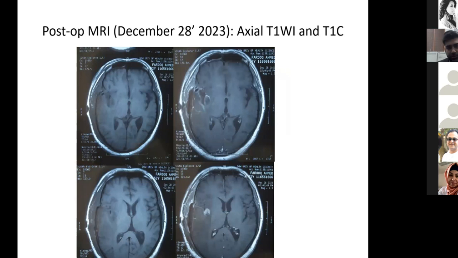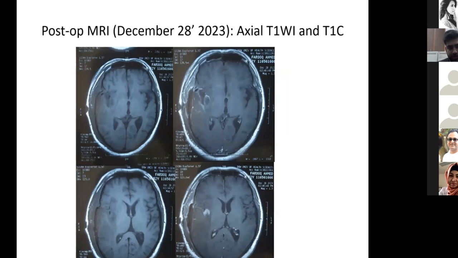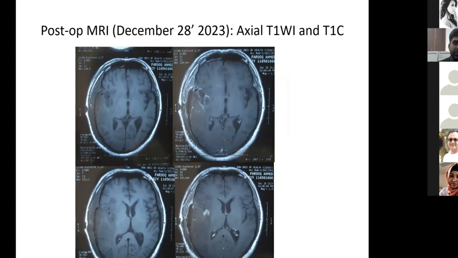I can't appreciate a lot of tumor, only a tiny component along the medial aspect is visible. Since it is still within the 72 hours, I think there is a small residual component left medially.